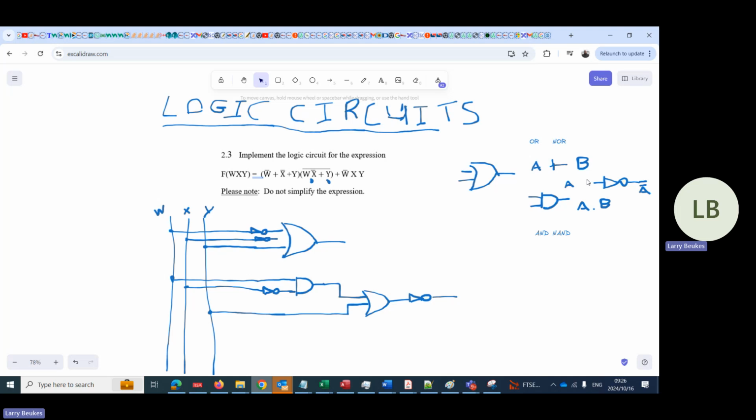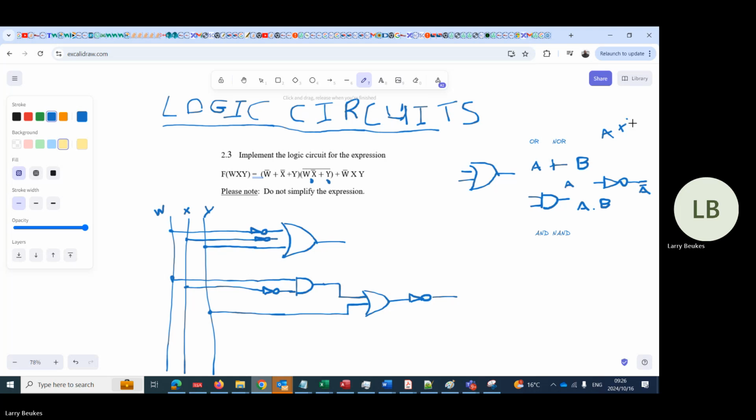So what we basically mean is that for A or B, for the NOR, it will be A or B complement, right? That's what we mean. A and B will be A, B, not. All right.